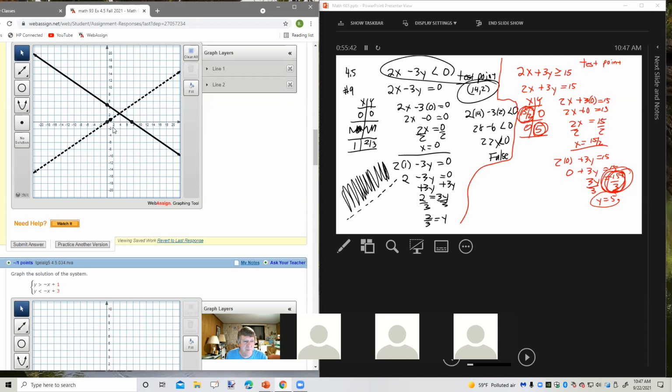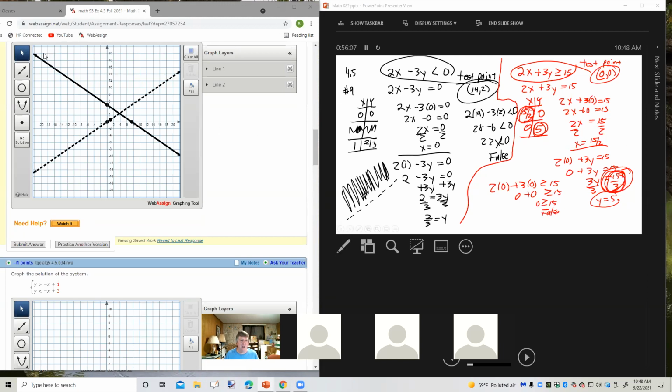So let's see. We were going to do a test point for the solid line, and I said we could use 0, 0. So that's going to go in here, which is going to give us 2 times 0 plus 3 times 0 greater than or equal to 15. 0 plus 0 greater than or equal to 15. 0 greater than or equal to 15 is false.